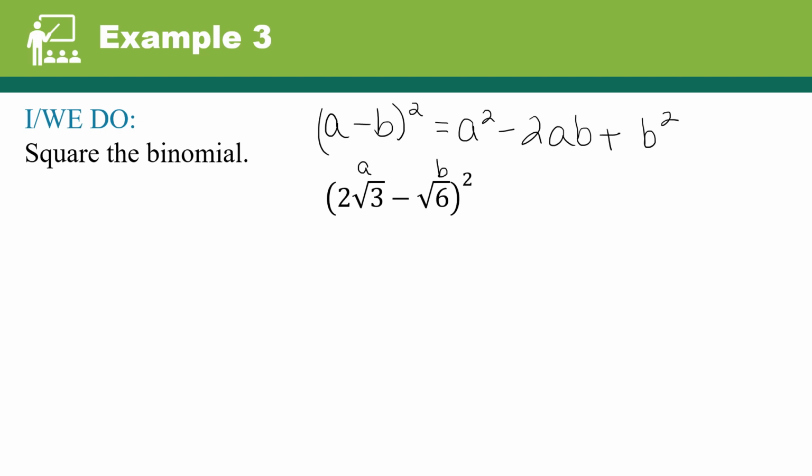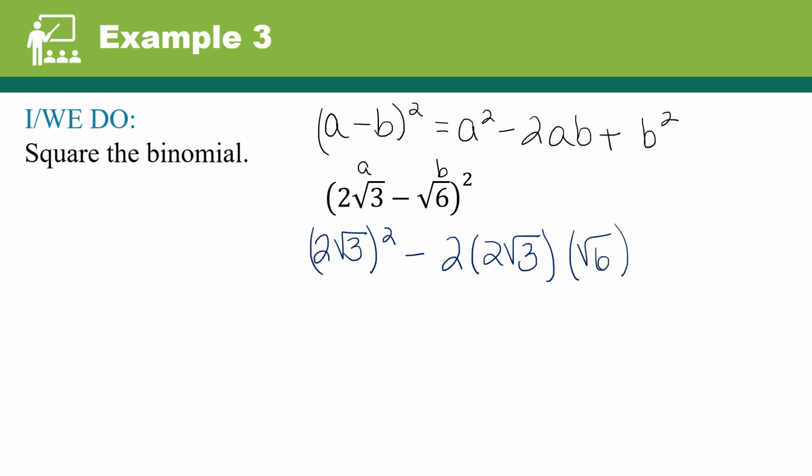So my formula will be 2 square root of 3 squared minus 2 times a times b plus the square root of 6 squared.